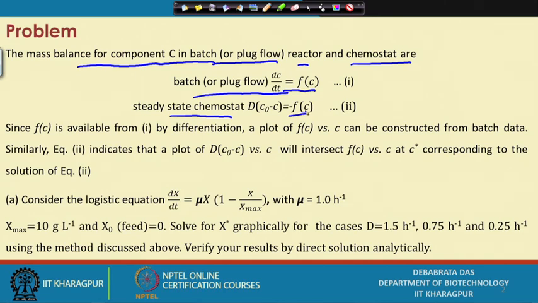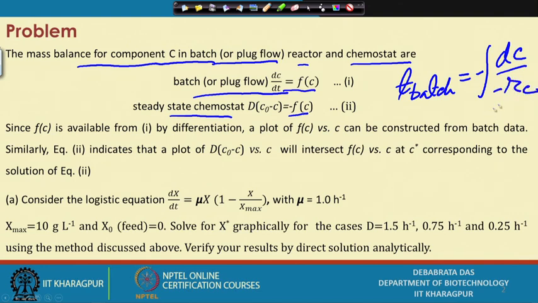For the batch, t batch equals minus dC by minus rc, which is the same as tau of the plug flow reactor.